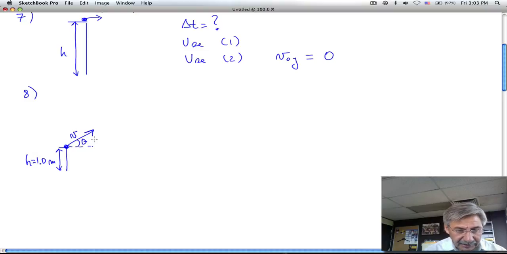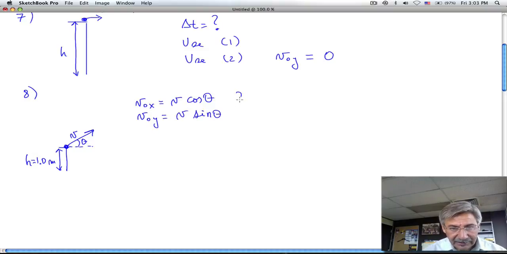From this, you calculate the x component, the horizontal component of the initial velocity, given that the angle is with respect to the horizontal, which is the case, and the vertical component will be this one. Then you can go to find, for example, the maximum height. What is the maximum height?